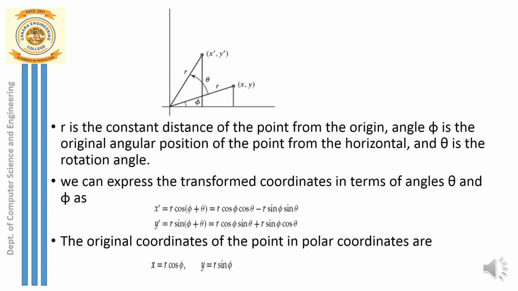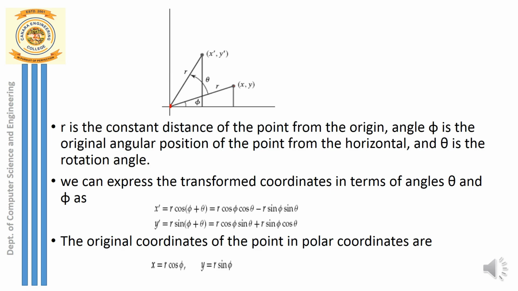Okay, now just look at this example here, or look at this diagram. I have here a line segment, and that line segment, you see, is drawn from the origin. So this is my original line segment, and you can see the end point of the line segment is given by x comma y.